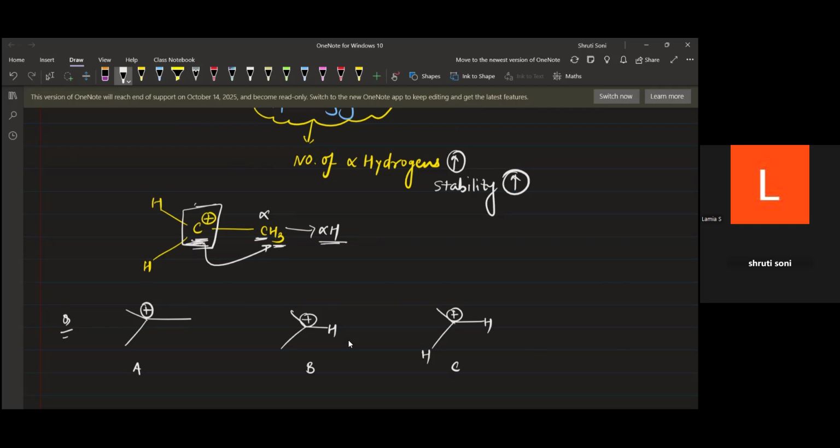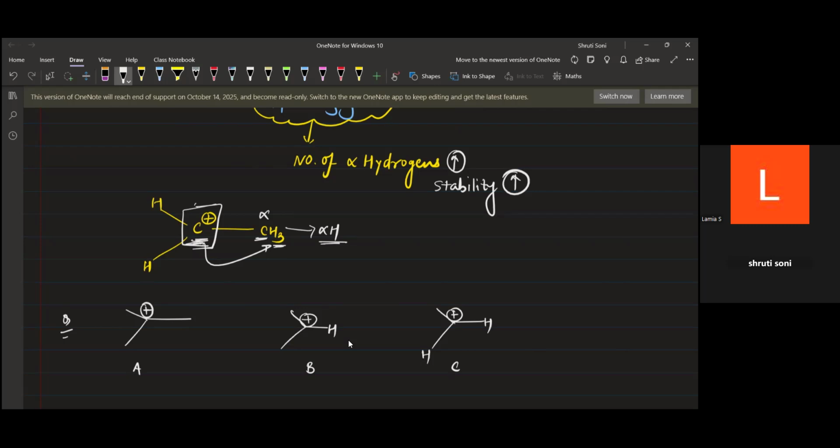I would say the third one, C. How? Well, you said the number of alpha hydrogens matters, right? Okay, so how many alpha hydrogens does A have? That are attached directly, zero, right?